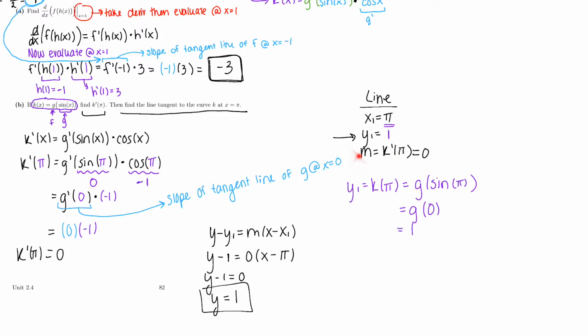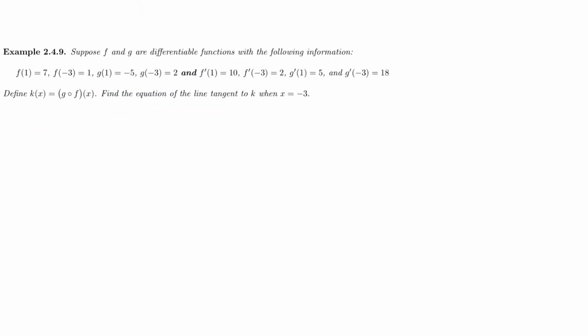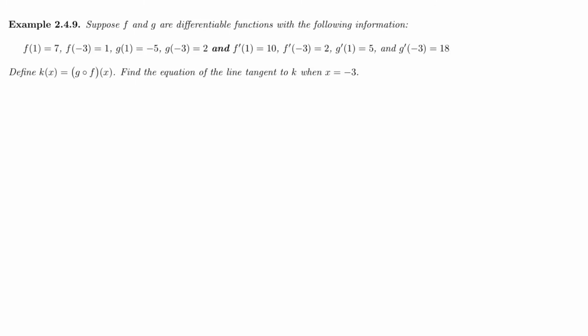And then for the slope, that was k prime, so the derivative at pi, which we found here to be 0. Can I answer any questions there? If there is a question, I'm happy to go back.